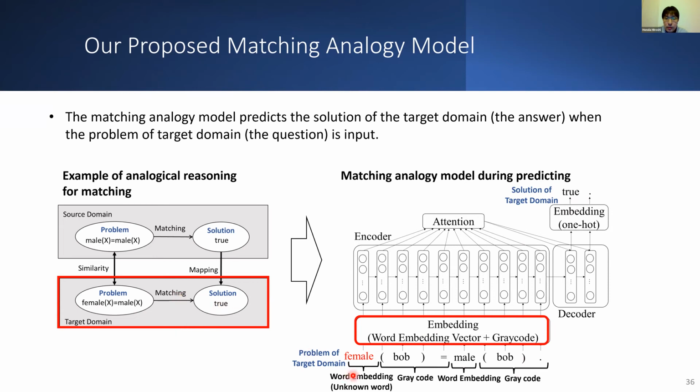If "Bob is a female equals Bob is a male" is input into this model, it will predict true. Here, female is an unknown word. This means the training set of this model didn't include female. Female is converted to a word embedding vector and is input into this model.